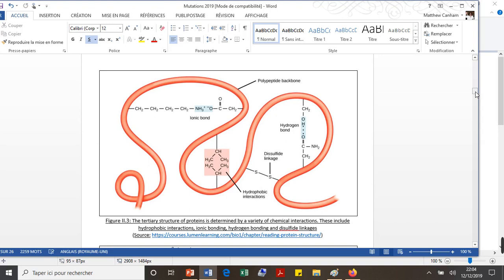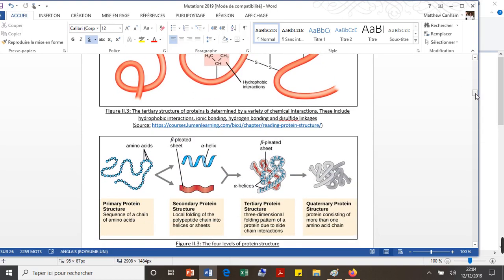This is going to have an impact because you know that from S6 we consider the primary structure, which is just the polypeptide. Then the secondary structure is how these polypeptides have a certain shape, local folding, and then the tertiary structure is how the polypeptides, the alpha and the betas, bind together.